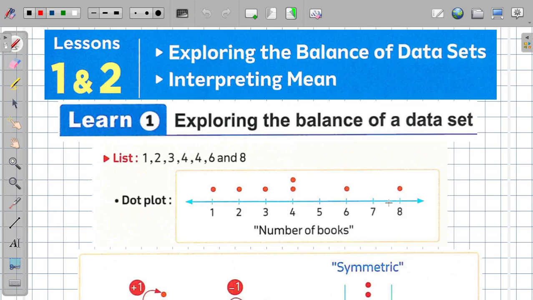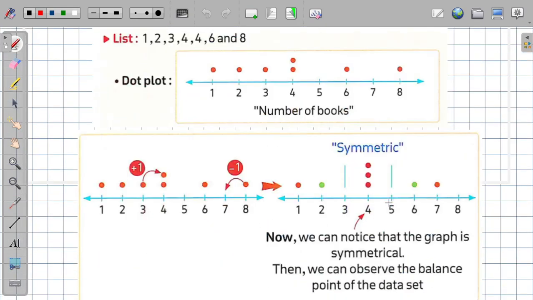I have two ways. The first way is to make the dot plot symmetric with our dots. So if I have these dots on the number line, I would try to move the points to make a symmetrical shape on the number line like this.